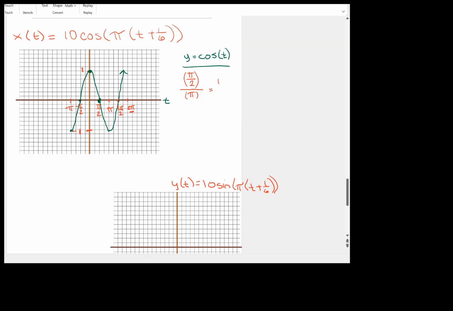This is equal to 1/2. That means that this first point here is 1/2. Where we have pi, that's going to be 1. Pi divided by pi is 1. Basically, all the pi's are going to get erased, and we're going to end up with 1/2, 1, 3 halves, which is 1.5, 2. And the same in the negative direction.